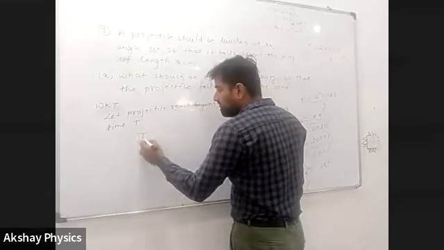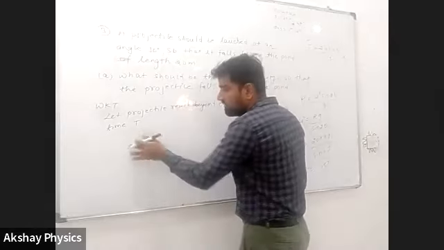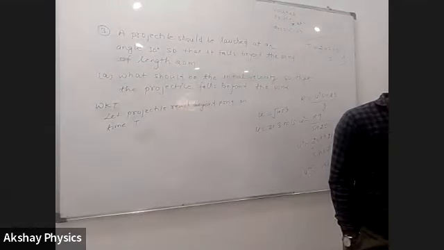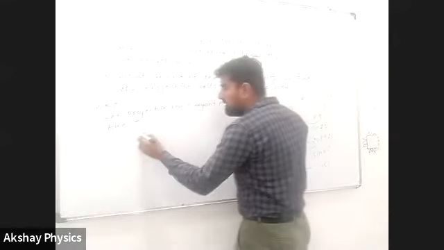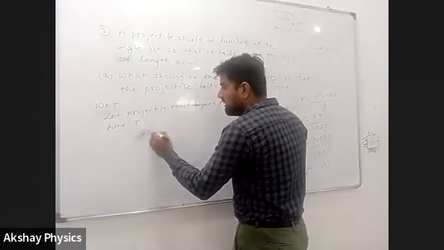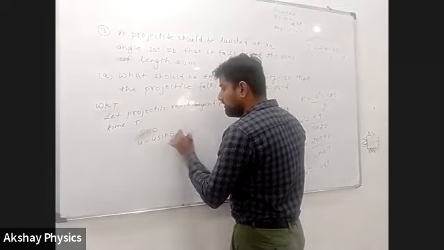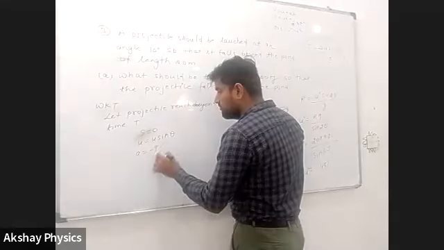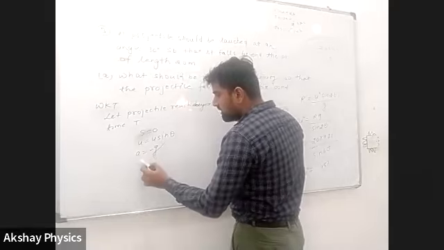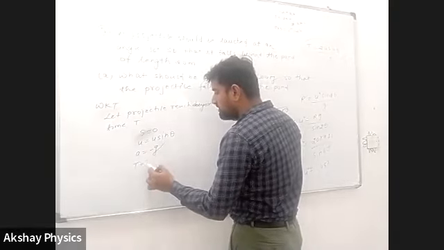So first we will evaluate some time by using the equation with s equals 0, u equals u sin theta, a equals minus g. And what remains is t. We need to evaluate t.